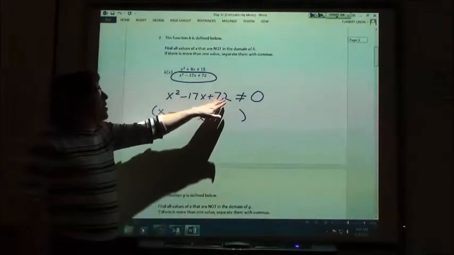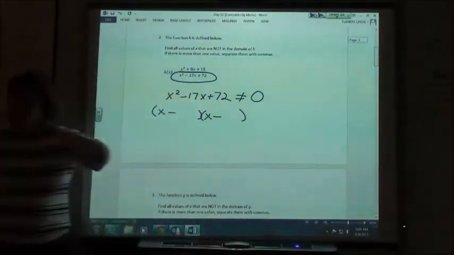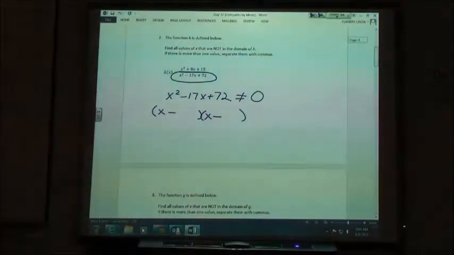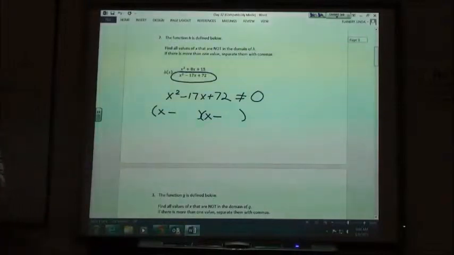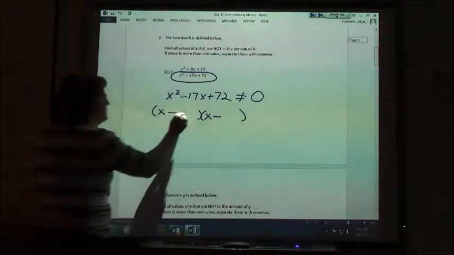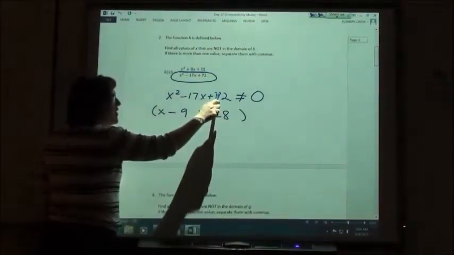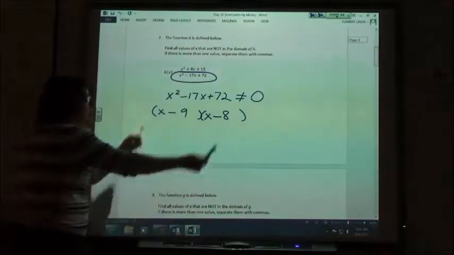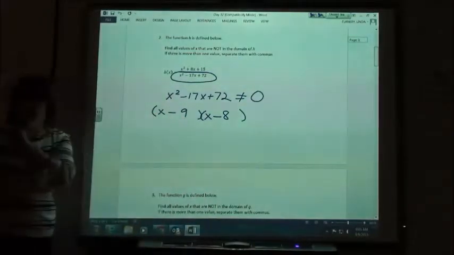So this time I want the factors of 72 that are going to add up to the negative 17 in the middle. 9 and 8. A negative 9 times a negative 8 is the positive 72 on the end. Negative 8x plus the negative 9x gives me the negative 17x in the middle.